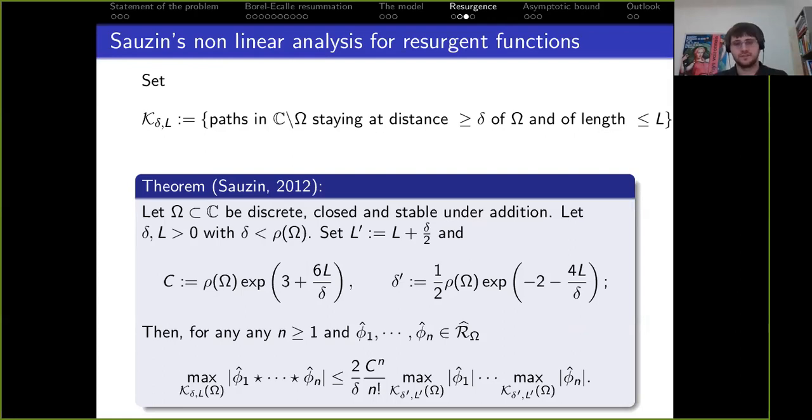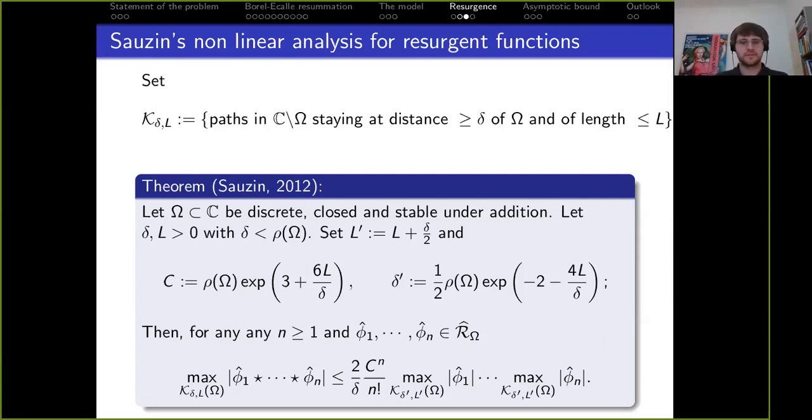Sadly, it doesn't really work like that, because you will have to start either from infinity, on which you cannot really say anything about gamma, or you can actually generalize this theorem a bit so that you can play around with L prime and delta prime, so that you can start from somewhere close, but the different domains become closer and closer to not being smaller. And at some point you have new divergences that appear and it just doesn't work so well. It almost works, but not quite.